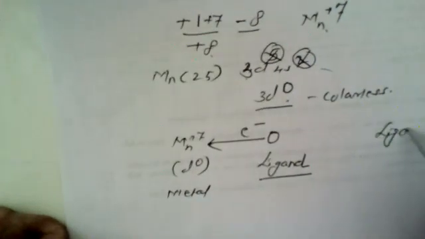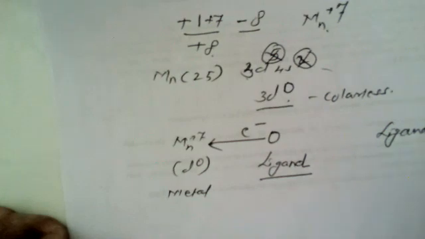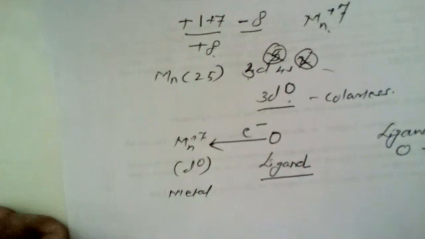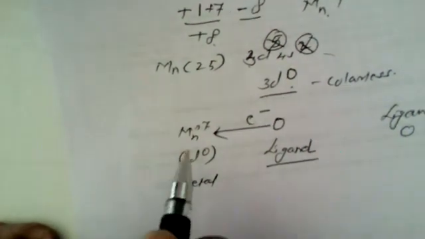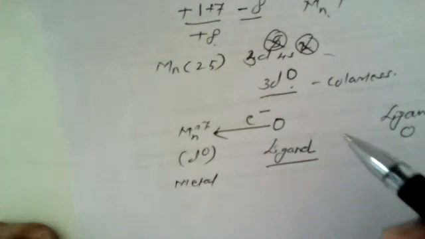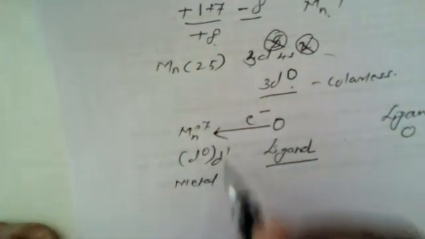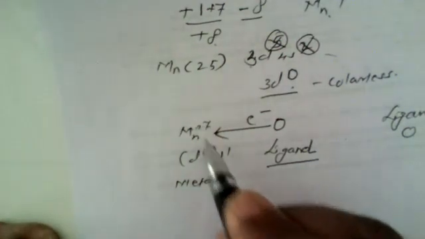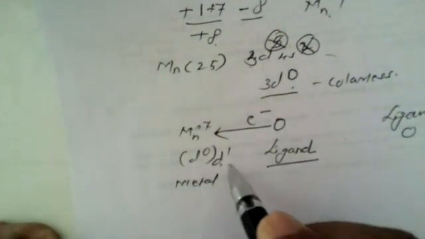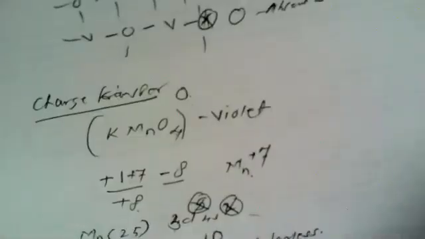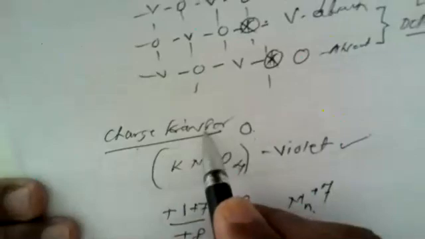So when there is a transfer of charge from ligand to metal, that is from oxygen to manganese, one electron is transferred from oxygen to manganese, and now it becomes d1. d1 means manganese now contains one electron, and hence it is purple violet in color due to transfer of charge from oxygen to manganese.